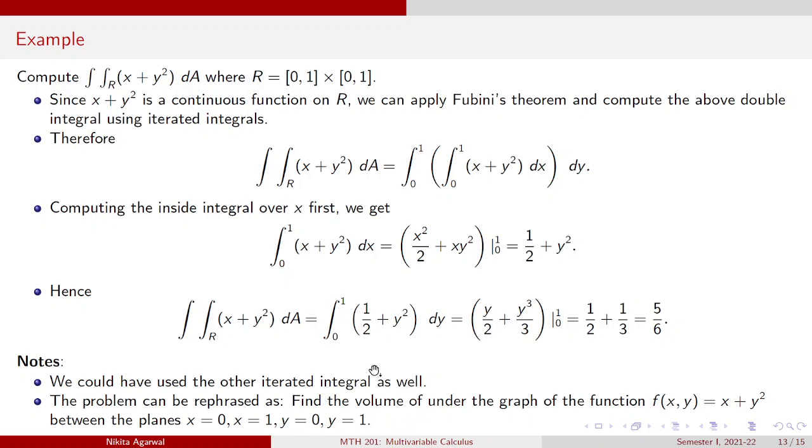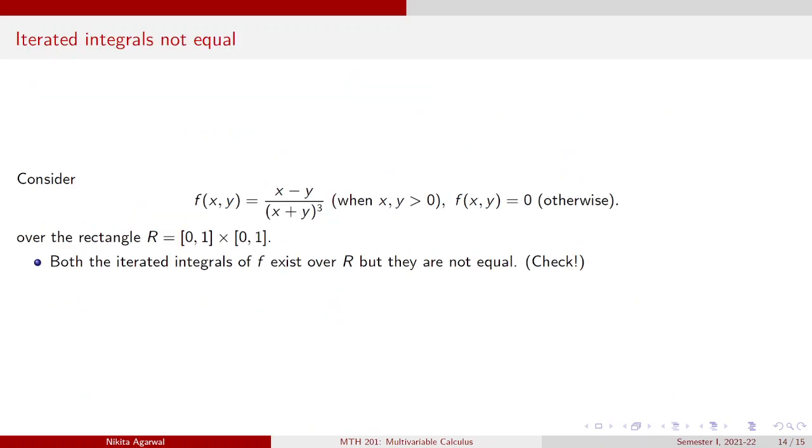So I would like you to plot this in R3 and see whether this is the same thing, right? This is the same formulation as we were talking about earlier. Now one of the questions we asked was, are the iterated integrals equal? When your function is continuous, then you know they are equal.